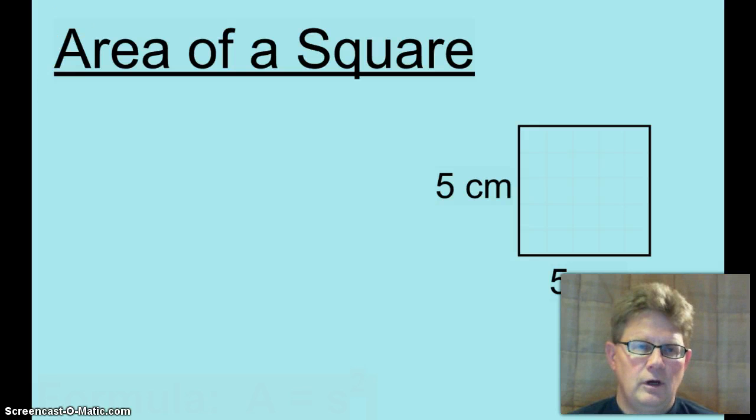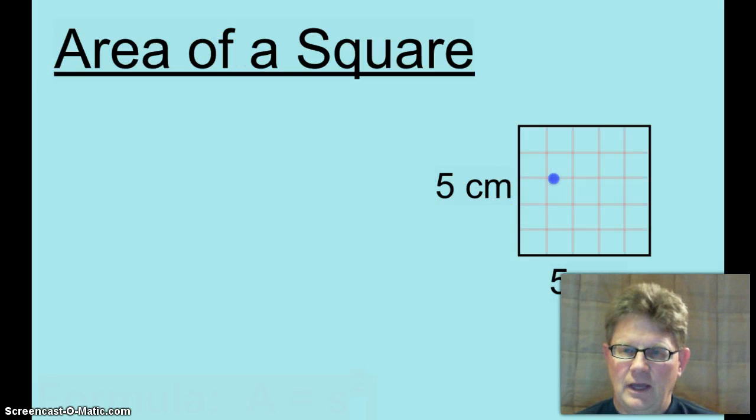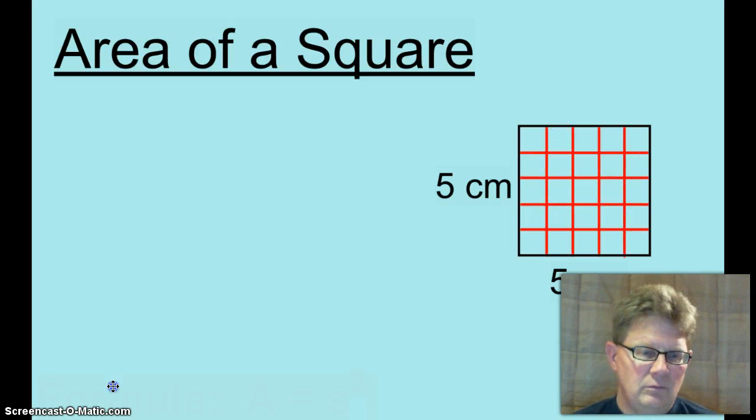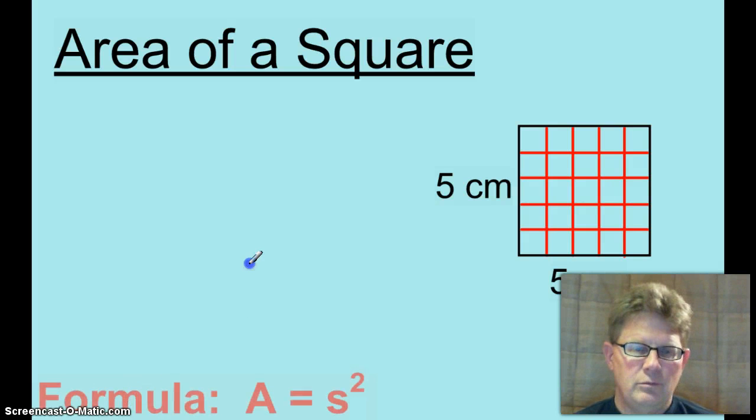The area of a square: how many squares are in that? You can count them individually, and that would take a while. So instead of counting them individually, why don't you just use the formula? A equals S squared.